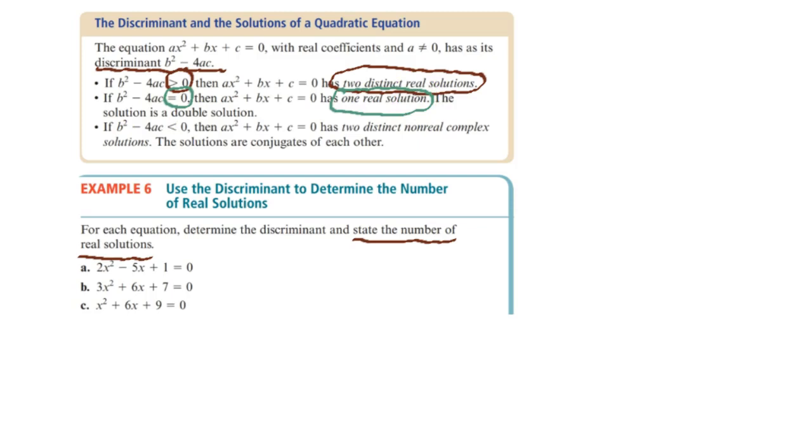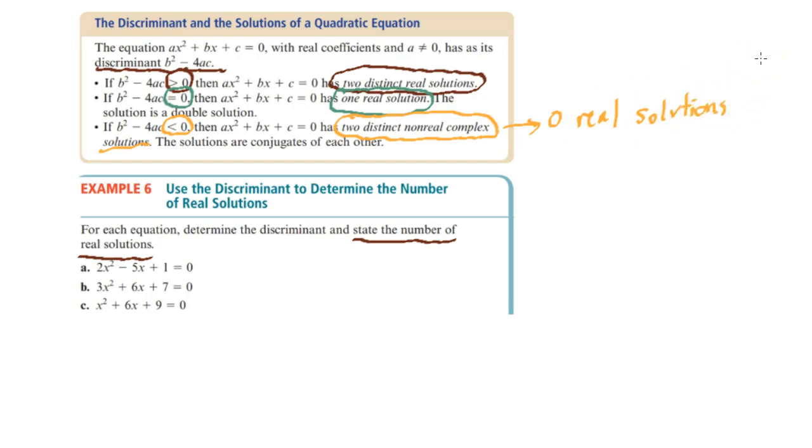And then the last possibility is if b squared minus 4ac is less than 0, then you have 2 distinct non-real complex solutions. So you have 2 imaginary solutions that involve i. But what you'll realize is if we want to state the number of real solutions, 2 distinct non-real complex solutions is telling us that there's 0 real solutions.